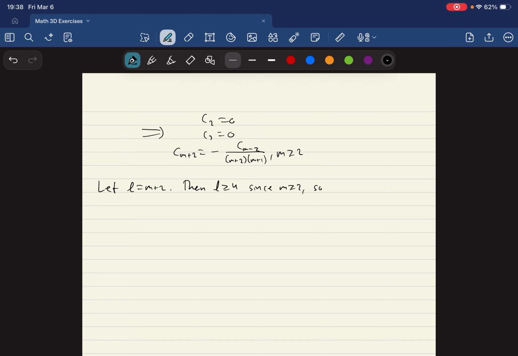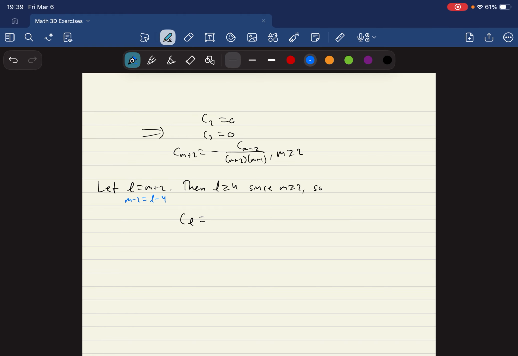So if we write this equation in terms of L, what do we get? We get that CL equals, okay, well, if L is m plus 2, then if I solve for m minus 2, this will be L minus 4, right?